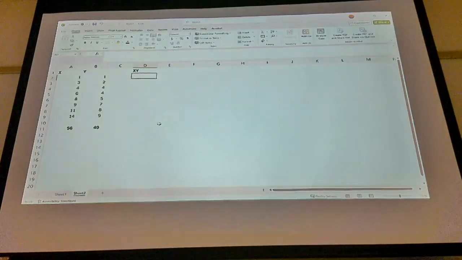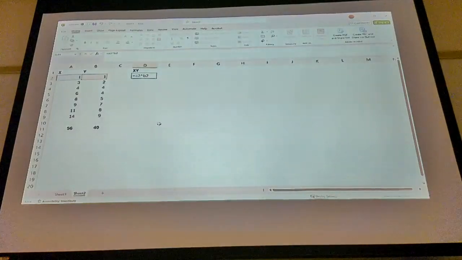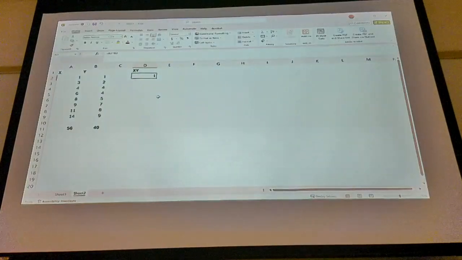The formula also wants sum of X times Y. So let's create the X times Y column so we can find its sum. Equals A2 times B2. Enter. So the next one should be fine. And again, I don't want to enter it every single time, so right that bottom right corner, click, drag, release.